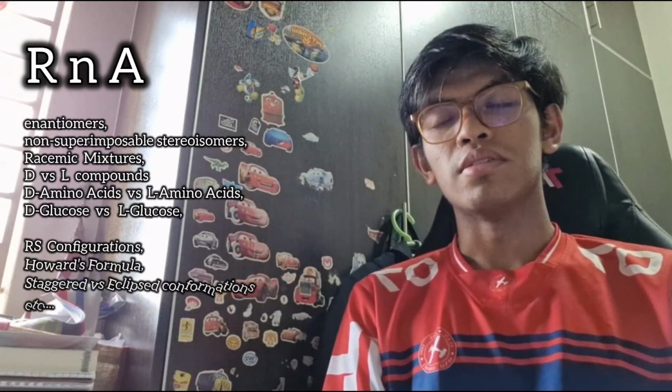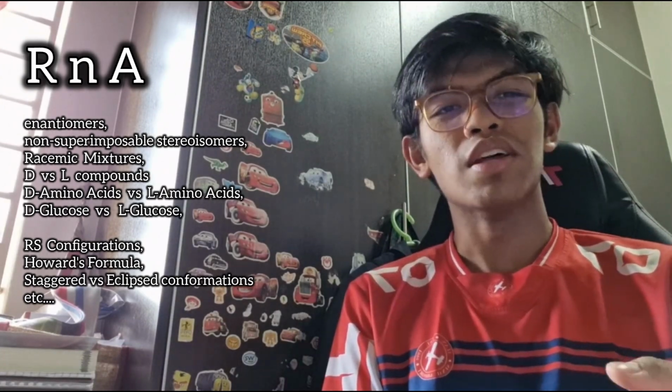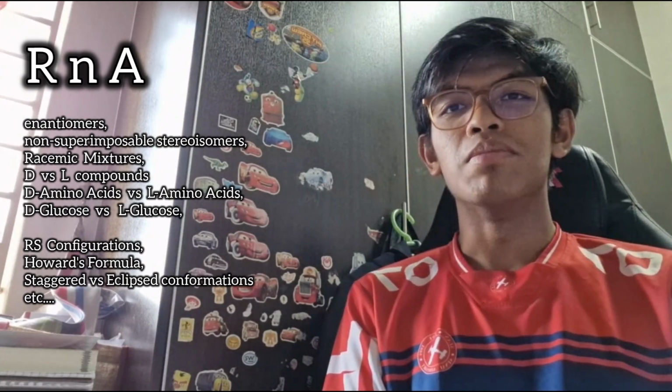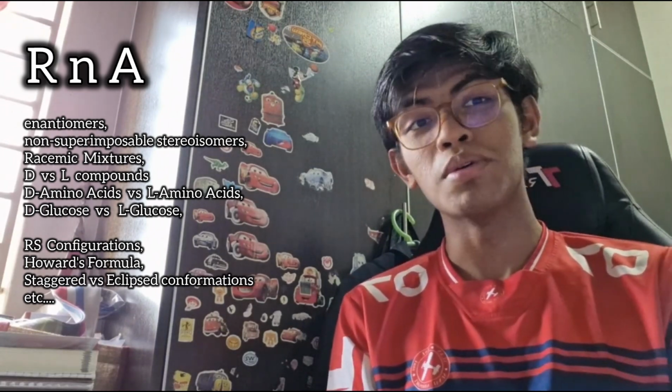But for analysis, we need to analyze in terms of its details. For example, in stereochemistry, we learn about enantiomers, we learn about non-superimposable, we learn about D and L, for example D amino acids, L amino acids, D glucose, L glucose.